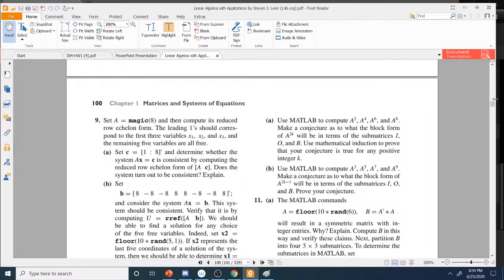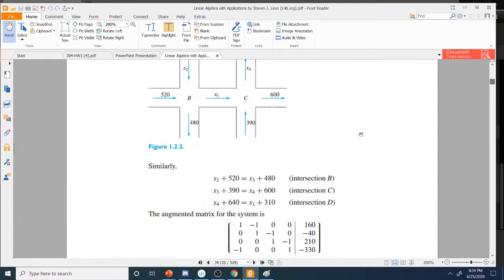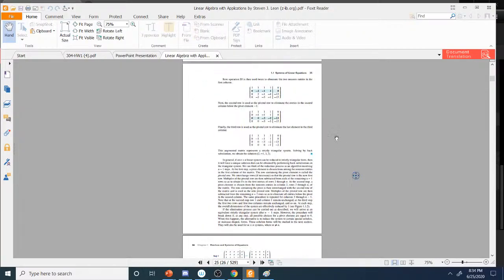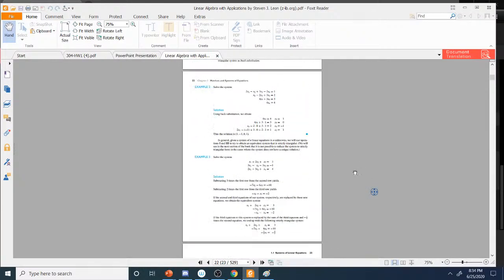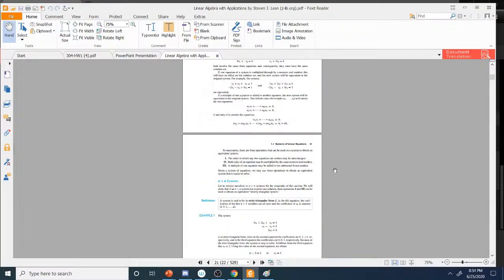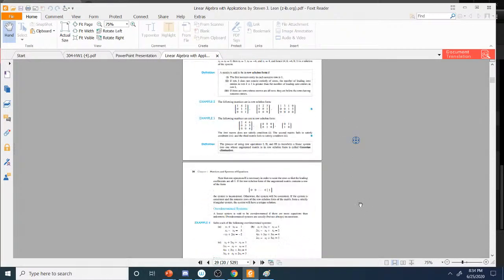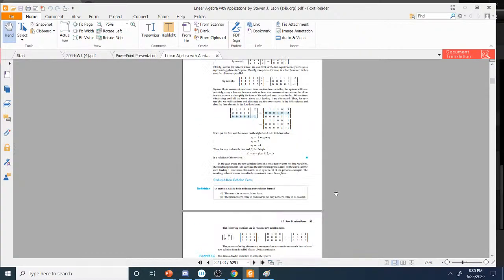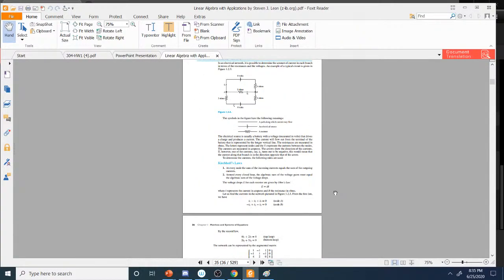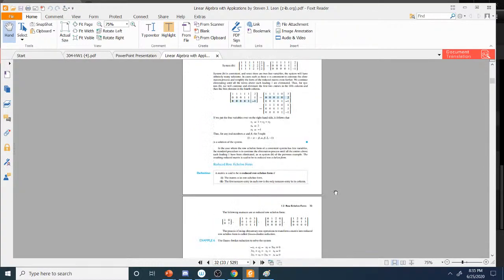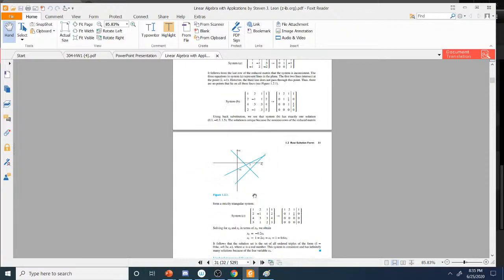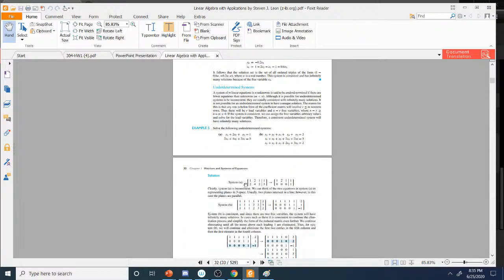I talked about them in my lecture, but another place you could learn about them is page 31 of the textbook, where they talk about underdetermined systems.